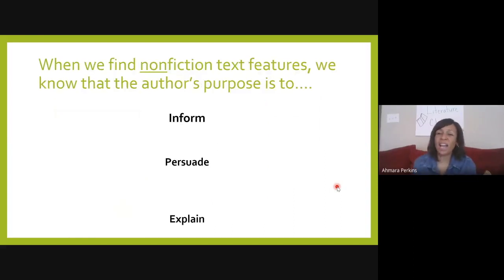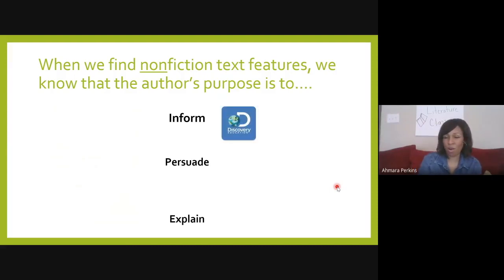When we find nonfiction text features, we know that the author's purpose is to inform, like in your social studies textbook. Another author's purpose is to persuade. In an amusement park brochure, they're trying to persuade you to go there.